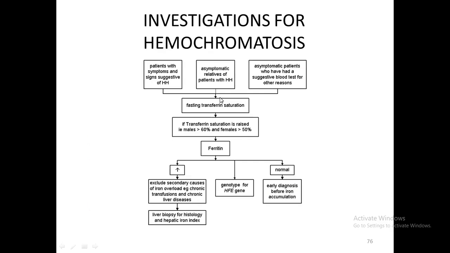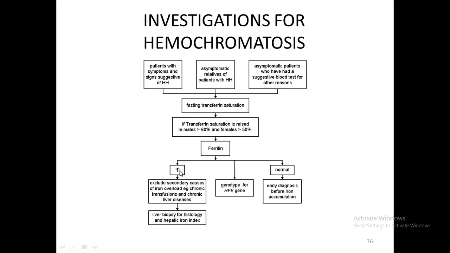So the investigations for hemochromatosis are: fasting transferrin saturation needs to be first found out. How much is being stored? If the transferrin saturation is raised, then ferritin stores need to be found out, if it has already started being stored in the form of ferritin stores.